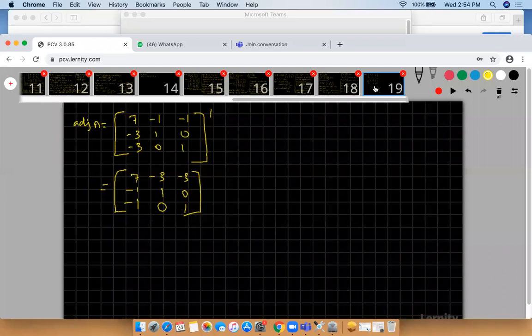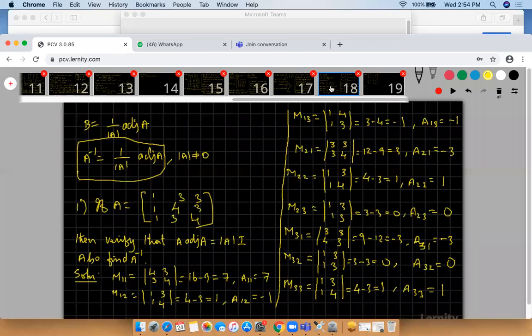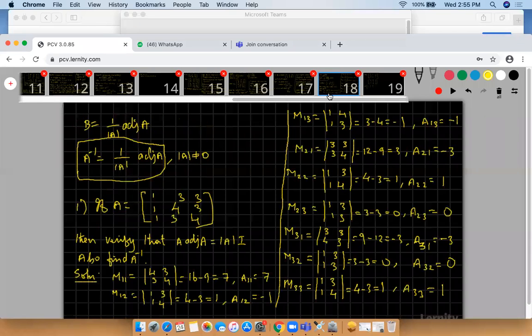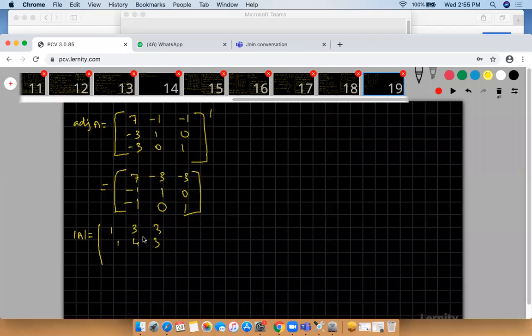What is the determinant of A? So my A is 1 3 3, 1 4 3, and 1 3 4.